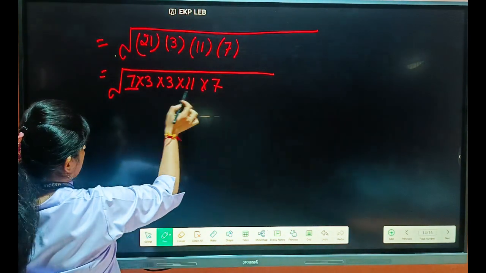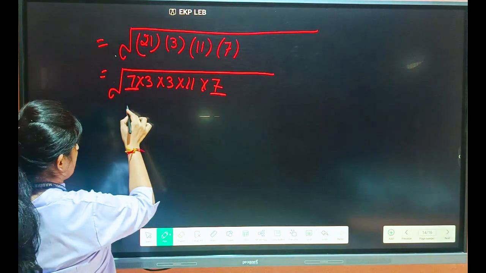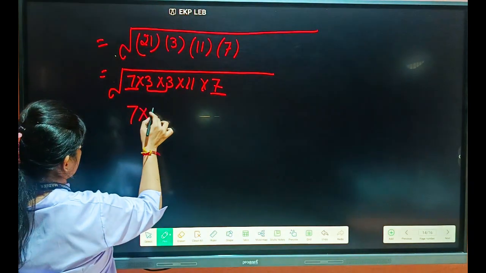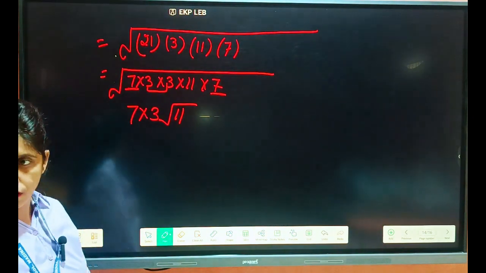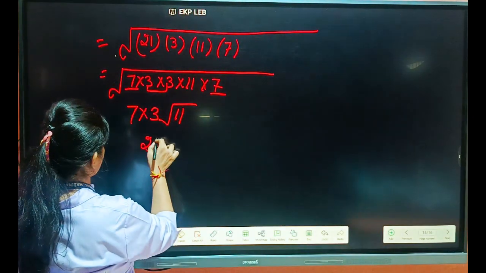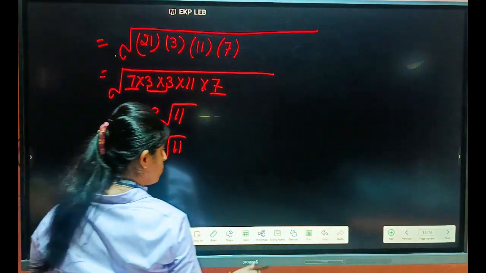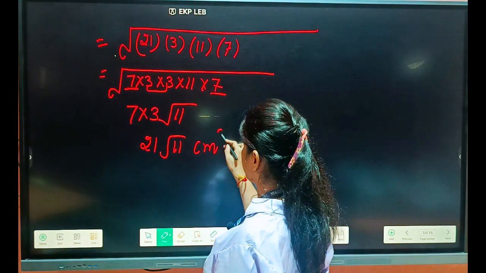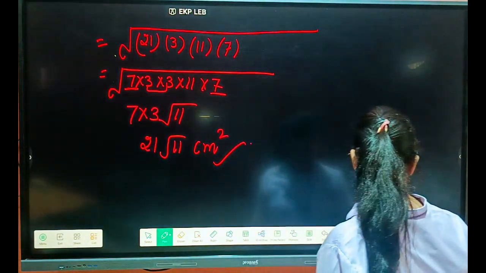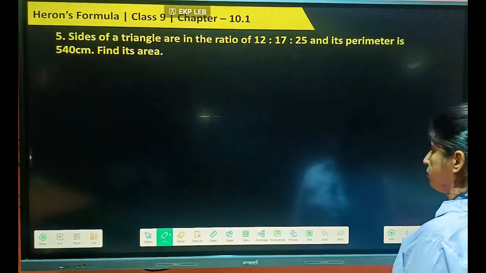So make the pairs: 7 into 7, one 7 will come out. From these 3s, one 3 will come out. Root 11 will remain as it is because nothing is there. So 7 threes are 21 root 11 centimeter square. That is the area of this triangle that we have to tell.